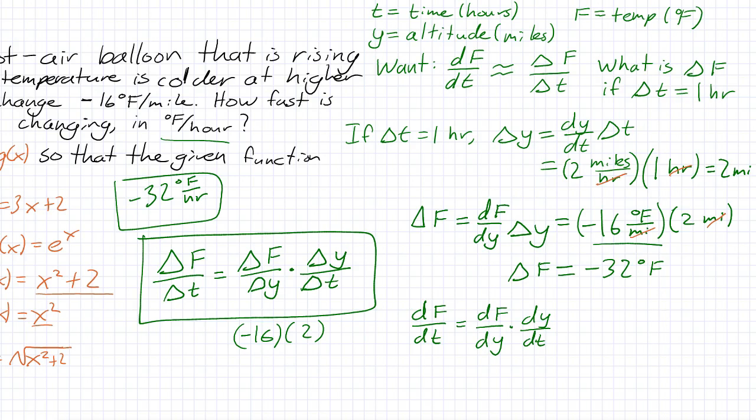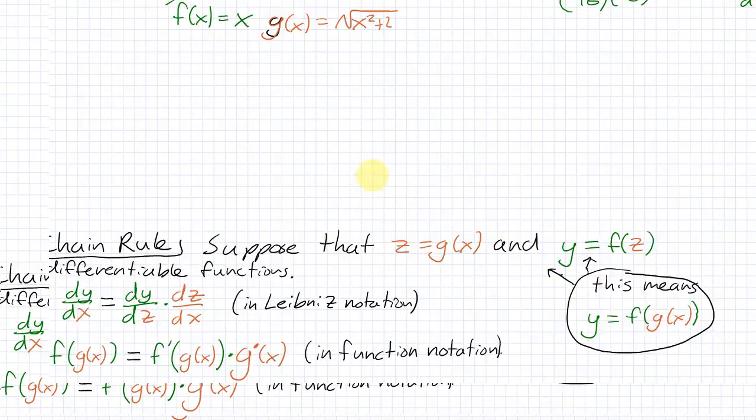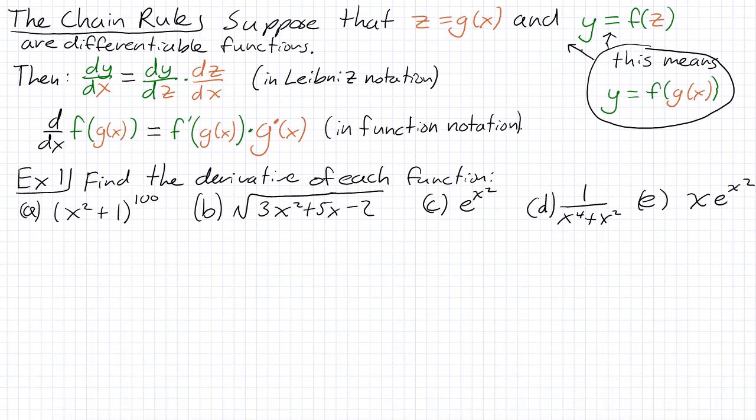And so let's look at that. Let's look at the chain rule here. So here it is in all its glory. Let's gaze upon the chain rule for a moment.